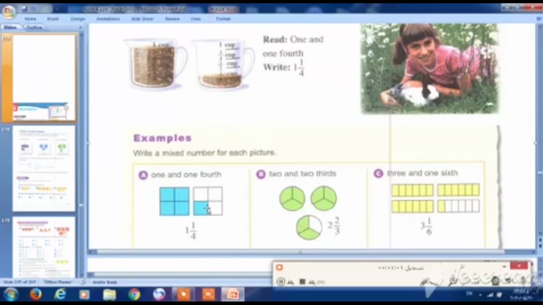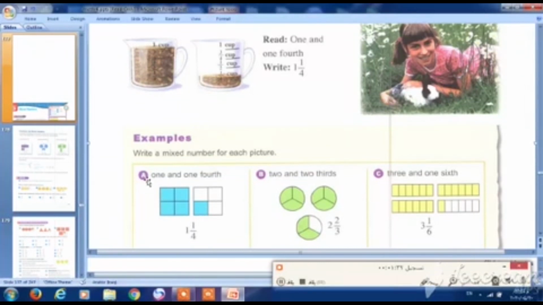Now we have this picture, a whole picture, and we divided it into four equal parts and one part of them is colored. So we have 1 out of 4. The 1 is the number on top of the fraction, the numerator, and the 4 is under the fraction, the denominator.